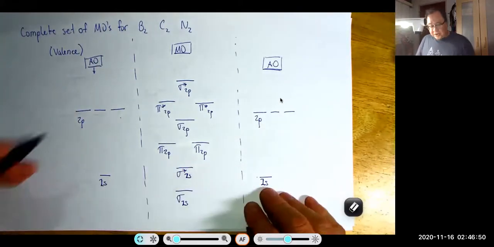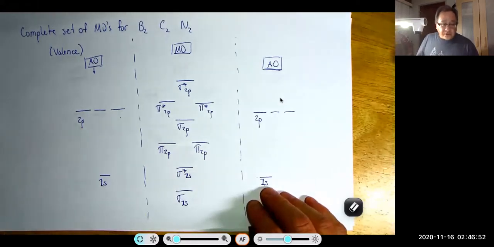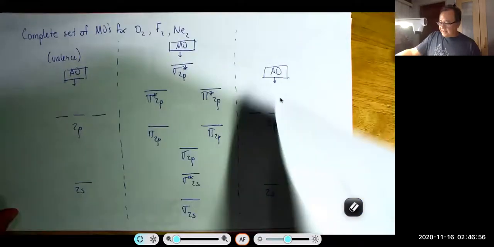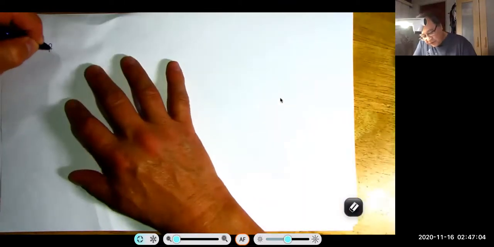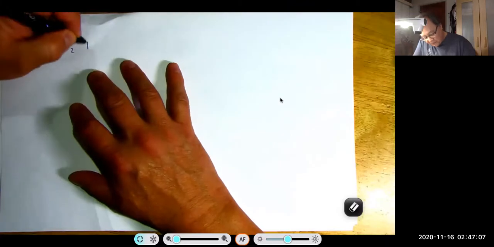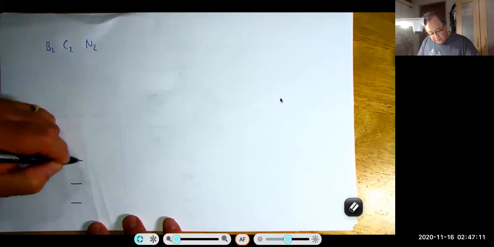Now the MOs actually switch a little bit for oxygen, O2, F2, and Ne2, and they look like this. So here, just to show you, when we talk about B2, C2, and N2, I'm showing you all of them, 1, 2, 3, 4.